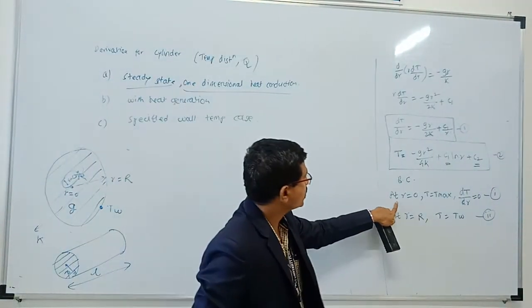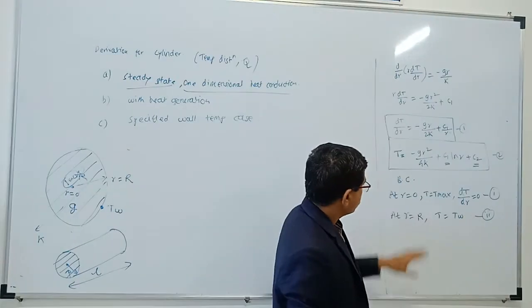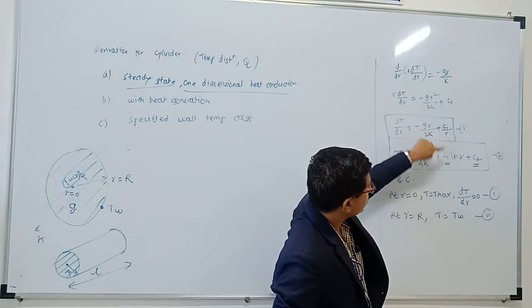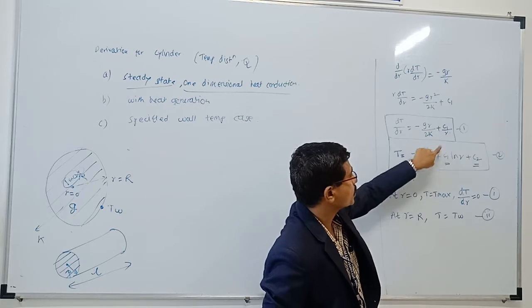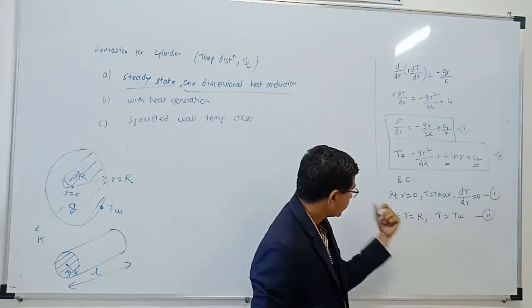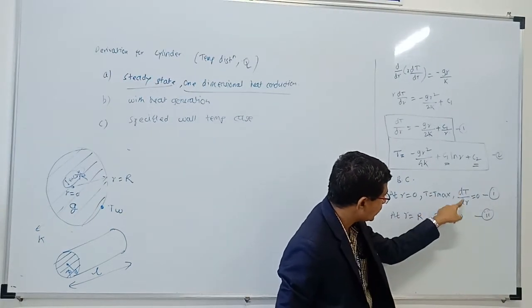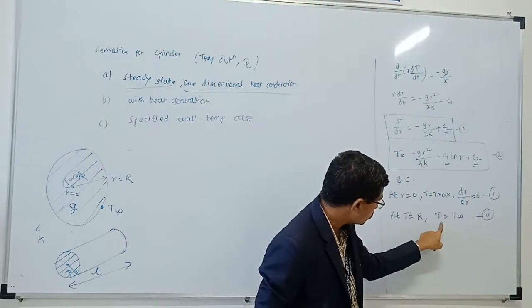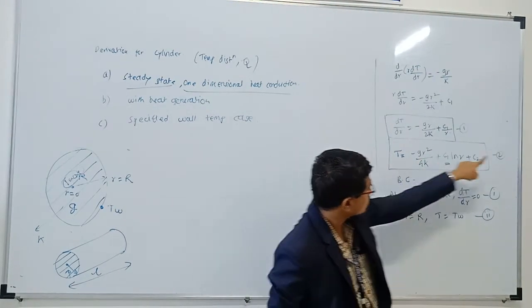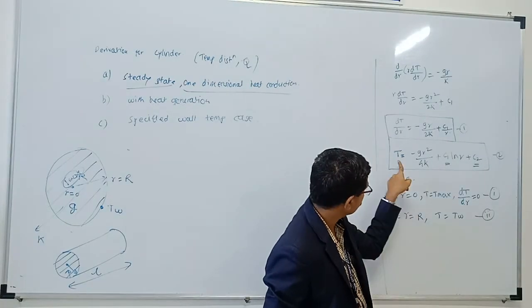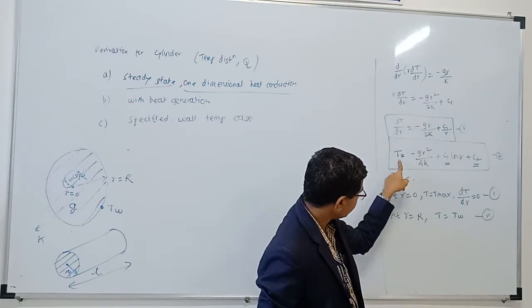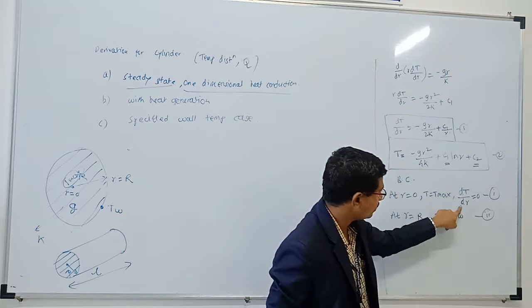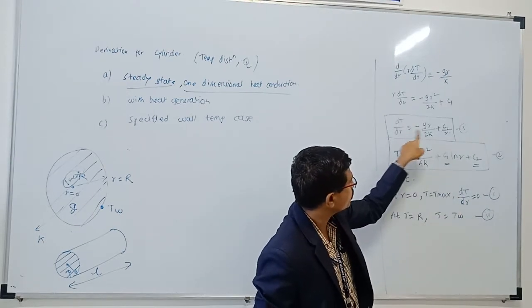Now first boundary condition पुट करने के लिए आपको प्रॉपर इक्वेशन चूज करना पड़ेगा, एक्सप्रेशन चूज करना पड़ेगा 1 और 2. देखो क्या दिया है, r is equal to 0, dT by dr की टर्म दी है तो आप पहला यूज करेंगे. यहाँ r is equal to R, T दिया है तो आप दूसरा यूज करोगे. T is equal to Tw, तो ये नहीं यूज करेंगे, T वाला एक्सप्रेशन यूज करोगे. यहाँ dT by dr दिया है तो you are going to use equation 1.